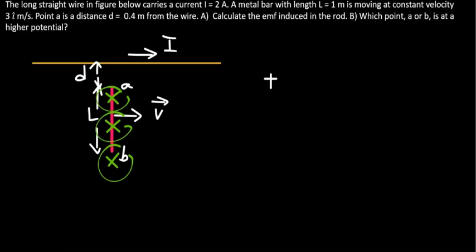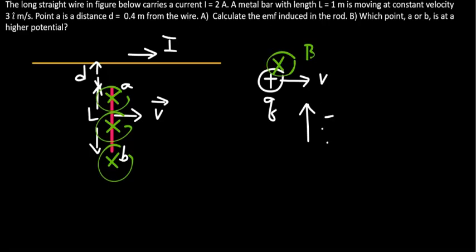So if you concentrate on one positive charge, Q, within that metallic bar, it is moving rightward with a velocity v, and it is moving in a region where there is magnetic field going into the plane with a magnitude B. The right-hand rule tells you the magnetic force on this charge Q is going upward, because the force is given by this expression.